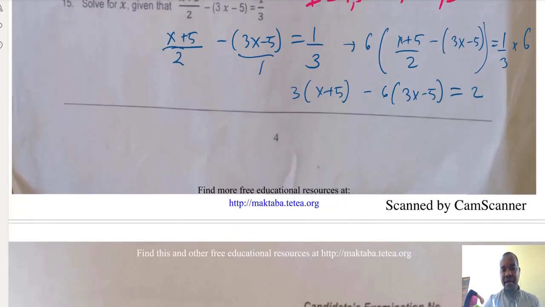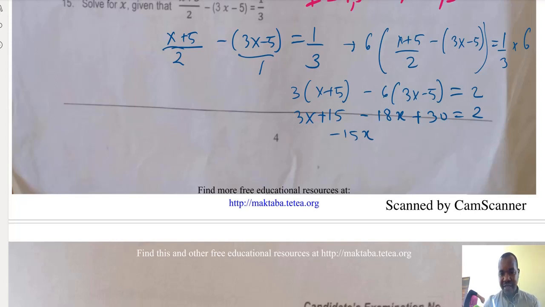Now we open the bracket: 3x plus 15 minus 18x plus 30 equals 2. 3x minus 18x, you get negative 15x.